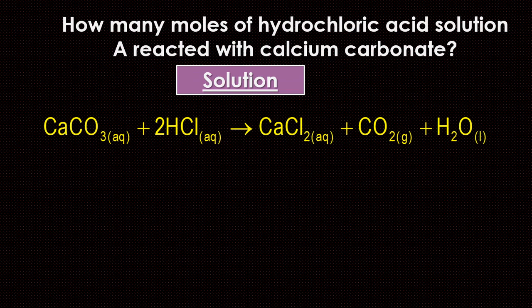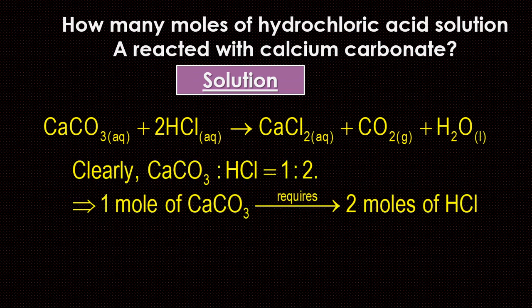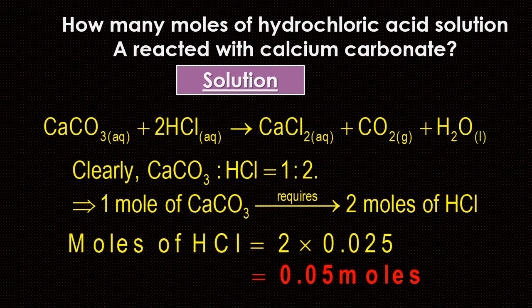From the balancing of the equation, it is clear that 1 mole of calcium carbonate requires 2 moles of hydrochloric acid. So the number of moles of hydrochloric acid required will be twice as much as the number of moles of calcium carbonate. Therefore, we take 2 multiplied by 0.025, which gives us 0.05 moles.